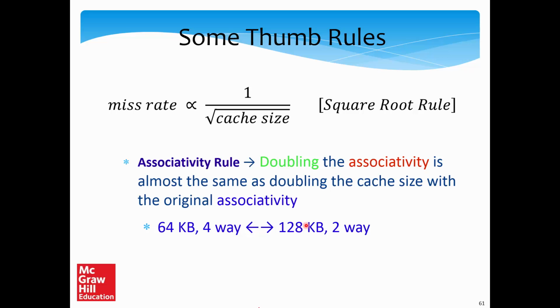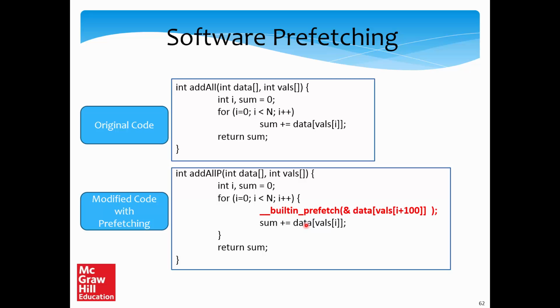Let's now move to the next slide where we will look at what is called software prefetching. There are two kinds of prefetching algorithms. One is software prefetching and the other is hardware prefetching. In hardware prefetching, we have a hardware circuit that looks at the memory accesses and then tries to guess what we'll access in future, and it tries to fetch that from the lower levels of the memory system.